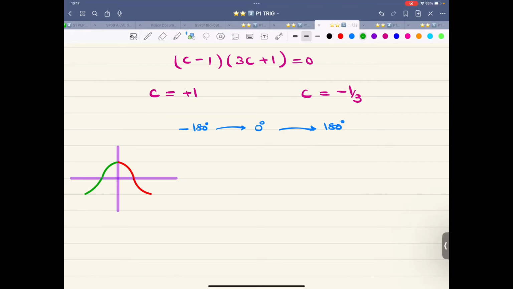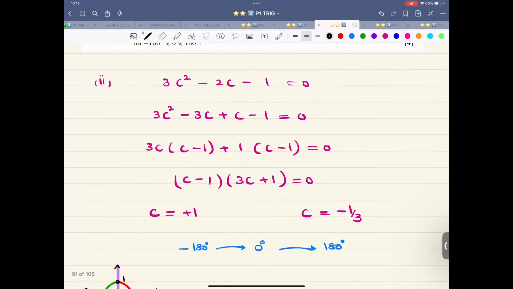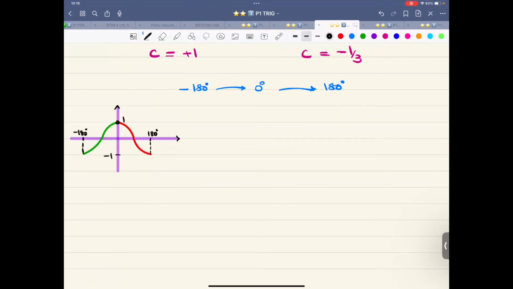This is cos x equals 1. This is negative 180, the one that we drew earlier was in radians. This one is in degrees. This is maximum value 1, this is minimum value negative 1. Cos is 1 only once. What symbol are they using? Theta. So theta is 0 degrees. That is one answer.